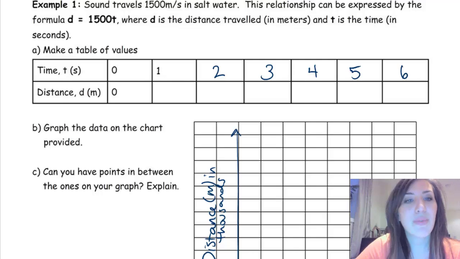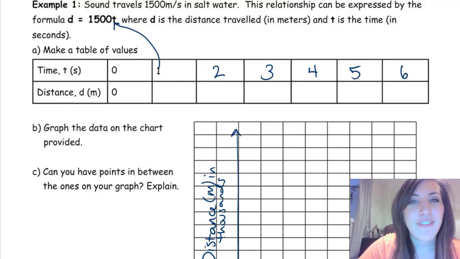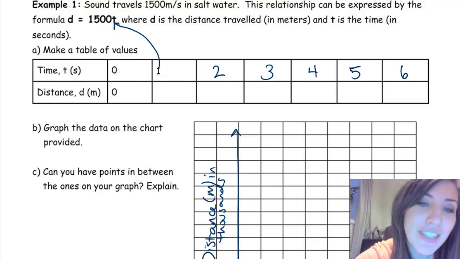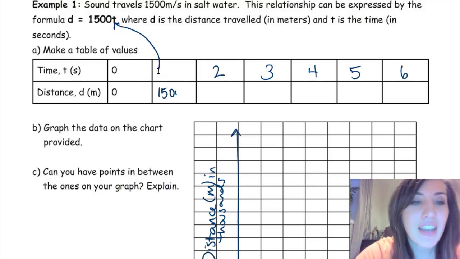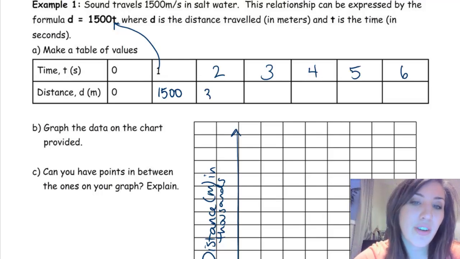Now, to figure out what the distance is, every single time you have 1,500 meters. So if you were to plug in 1,500 and T equaled 1, 1,500 times 1 is 1,500. And if you just traveled another 1,500 meters for time 2, now you're at 3,000.